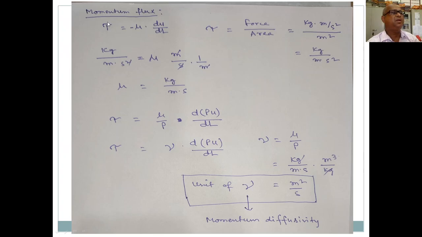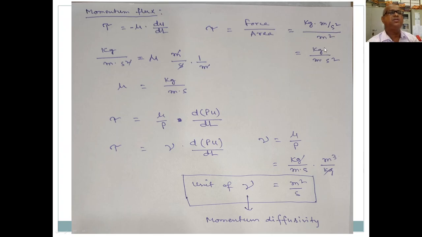So if you take the momentum flux, tau equals mu into du by dl. Tau is force per unit area. Force means mass times acceleration, kg times meter per second squared, per meter squared.